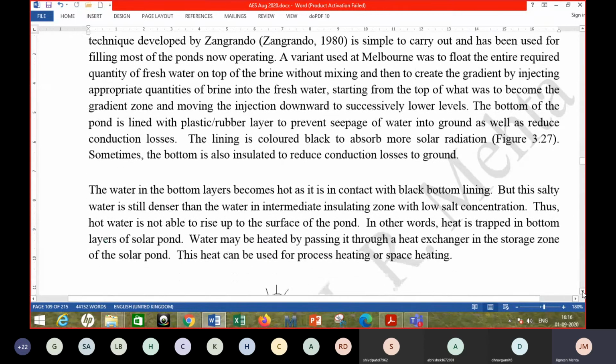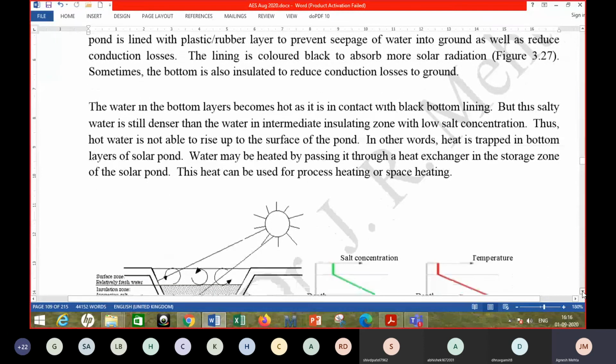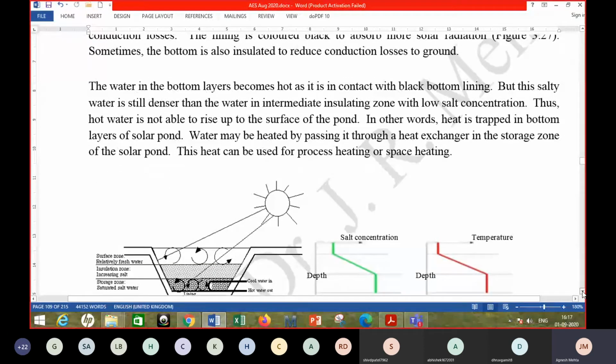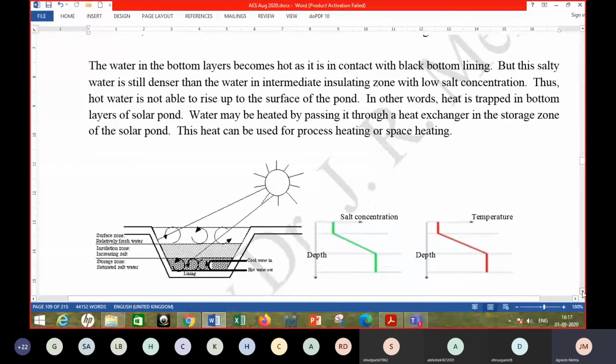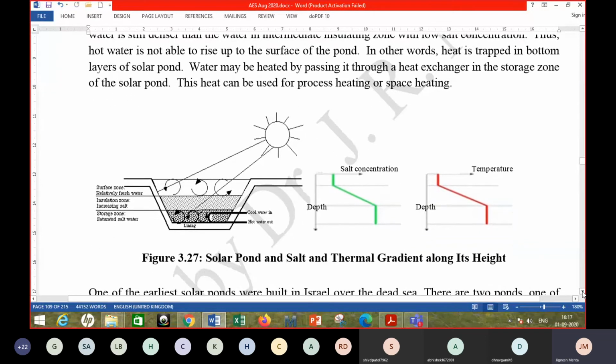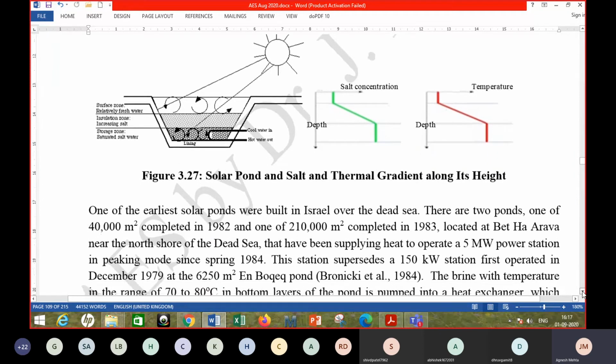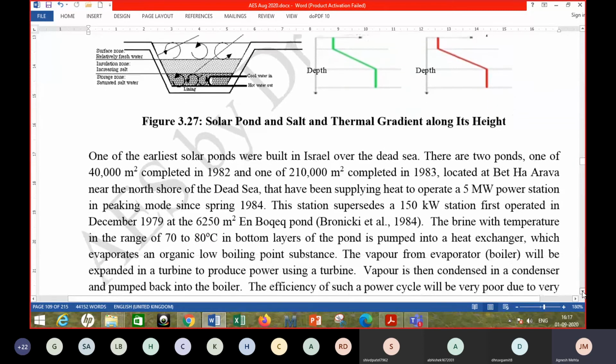So that's the charging process, and at the bottom there should be lining so that you stop the seepage of water, and sometimes you might also want to put insulation at the bottom so that the heat is not conducted away into the ground. That's some information about the concept of a solar pond.